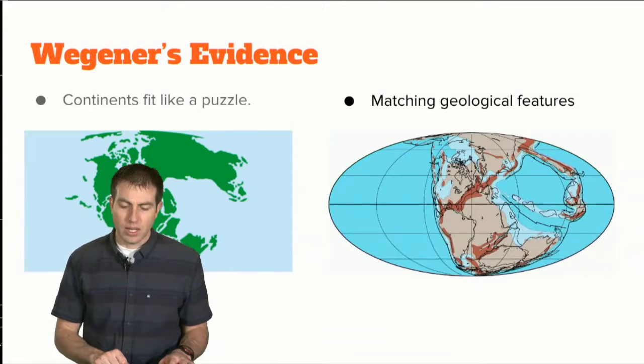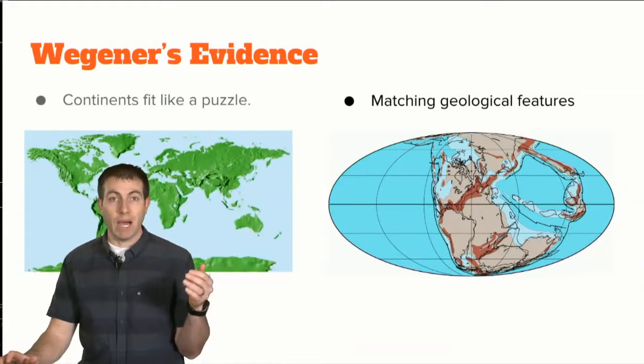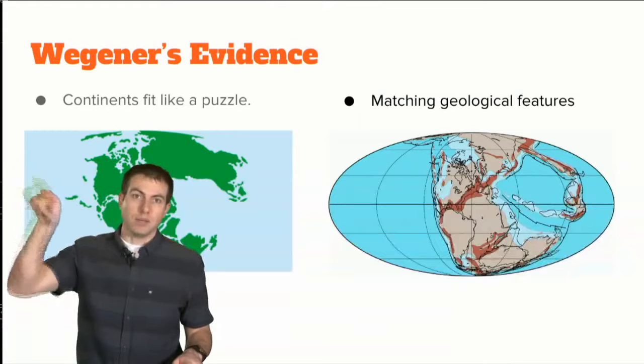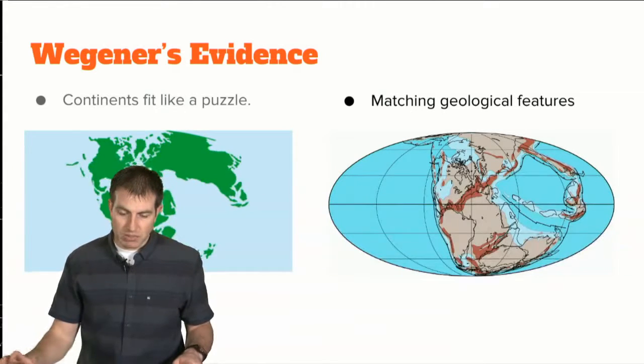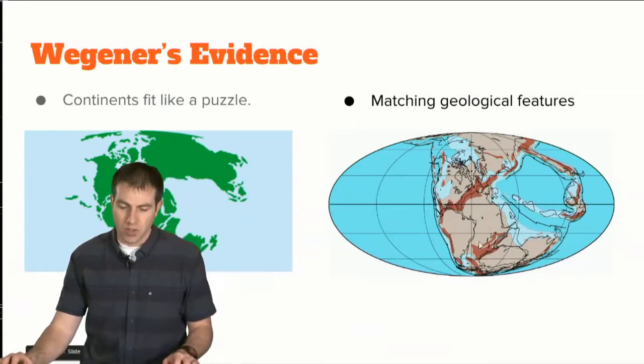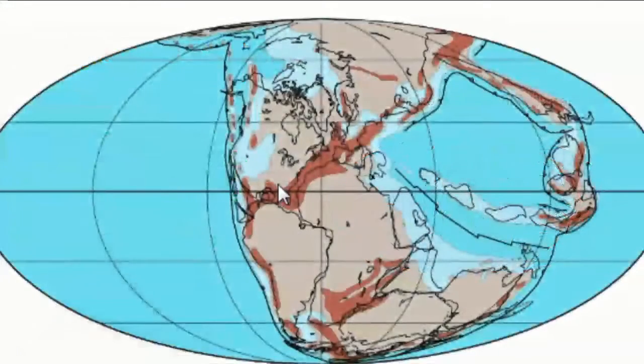There's also some evidence to suggest that the mountain range going up the east coast that ran right through Scandinavia was also similar to the west coast of Africa. There's a bunch of examples of this. You see all these red areas. He found all of these geological features that lined up if you put these pieces together like a puzzle, which was kind of interesting.